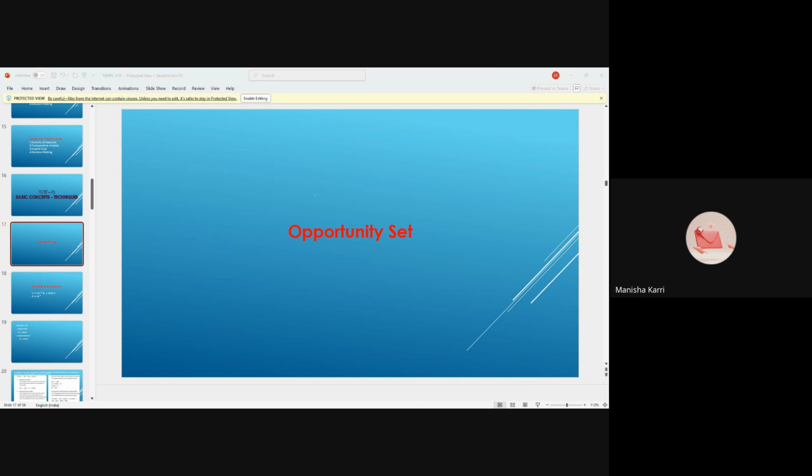Next one is opportunity set. Generally, in managerial economics, the opportunity set refers to the range of choices available to an individual, a company, a firm or any organization for allocating resources in order to achieve their different types of objectives.